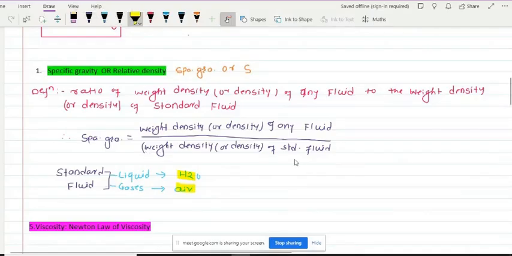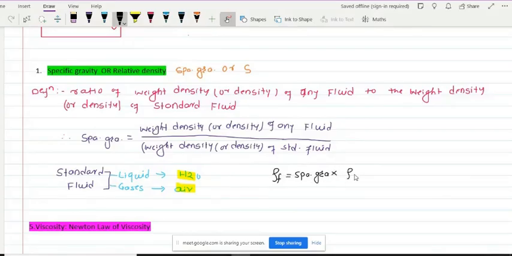The specific gravity is written in this way. The density of any fluid, rho of the fluid, is given by specific gravity into rho of H2O, the standard fluid. The standard fluid is water, so the density of water is 1000 kg per meter cube.